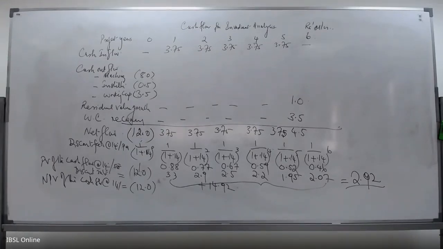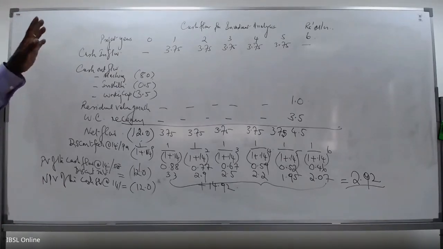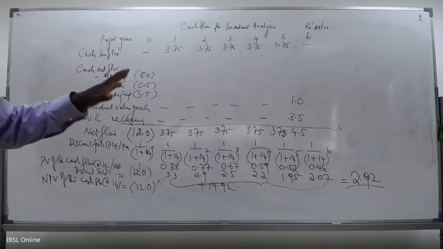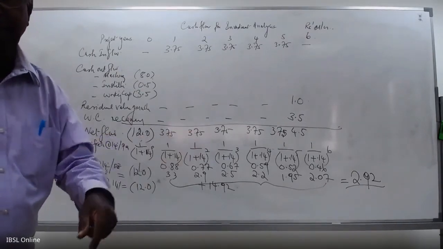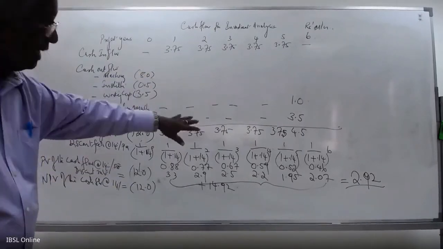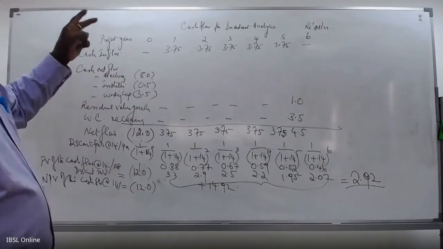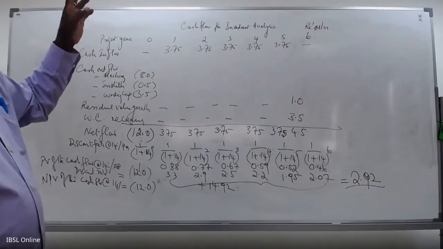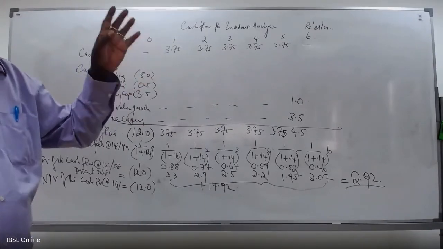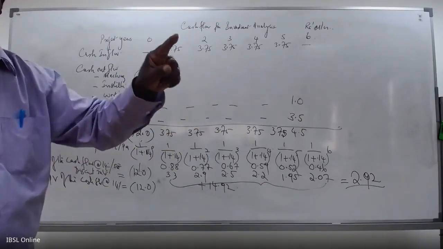At 19%, what is the NPV? You have to calculate. If it is negative, then very good. You use both values, and by applying the formula you can calculate the IRR. If it is again positive, you increase the discounting rate from 19 plus 5, that is 24%, and calculate the NPV.